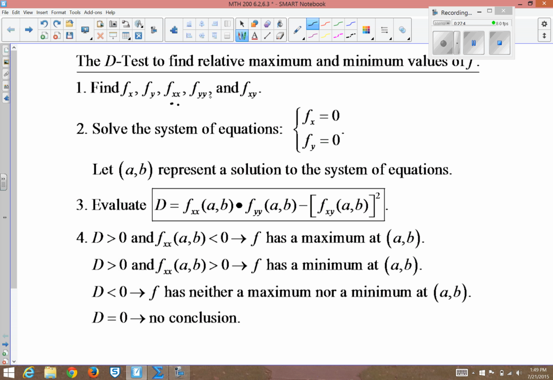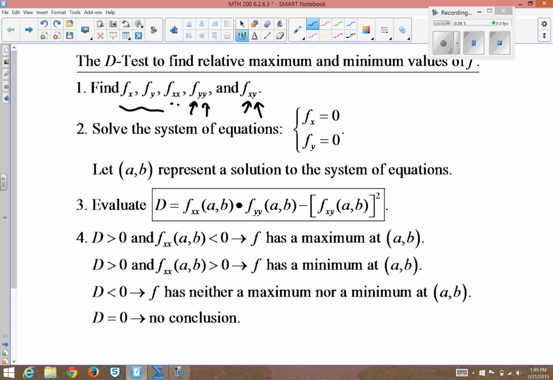This f subscript yy means find the second partial derivative, first time with respect to y, and the second time again with respect to y. And this last thing is f subscript xy. We call that the second partial derivative. The first time we differentiate, it's with respect to x, and the second time it's with respect to y. So we find all of these partial derivatives.